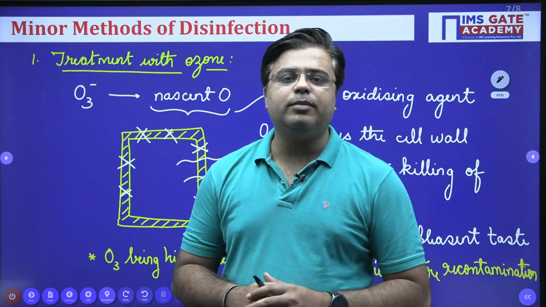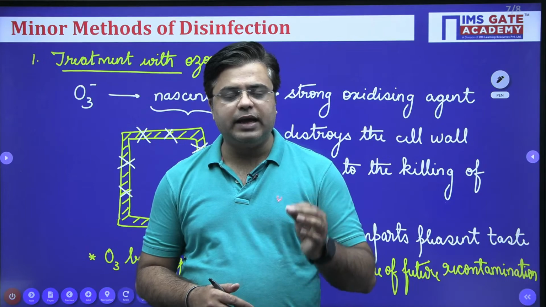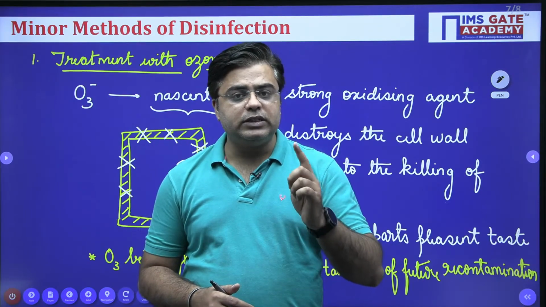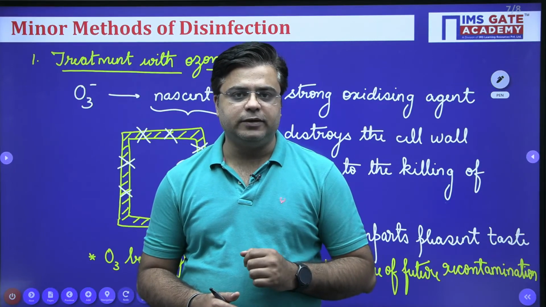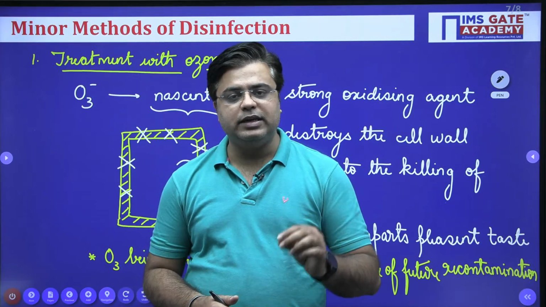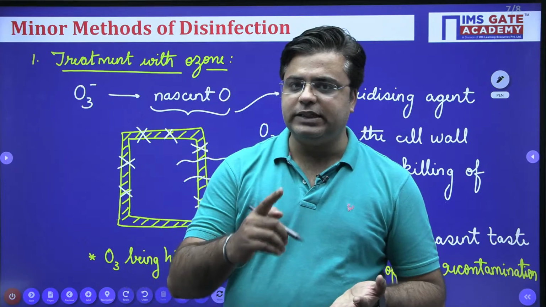So the first minor method of disinfection is treatment with ozone. Ozone has nascent oxygen, which is a strong oxidizing agent. Ozone destroys the cell wall of the microorganisms, hence leading to the killing of microorganisms. Ozone imparts a pleasant taste to water.